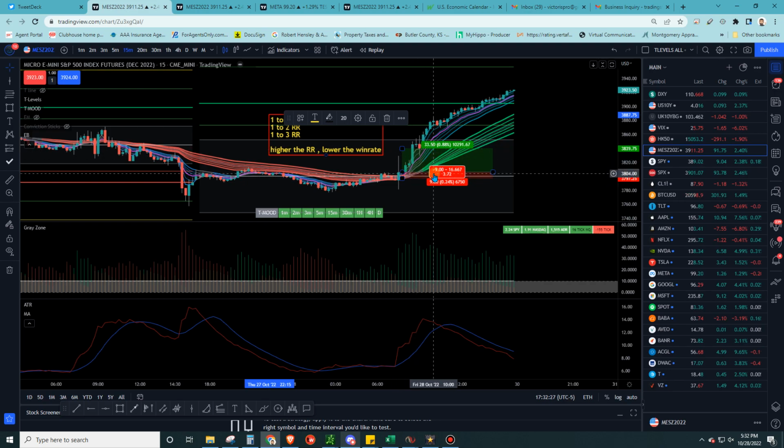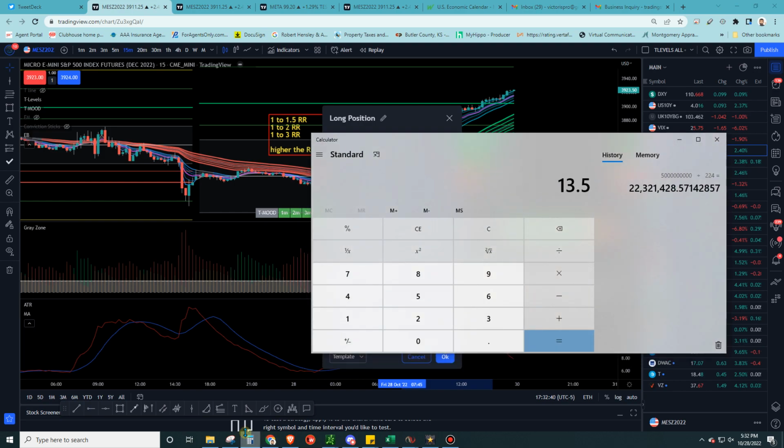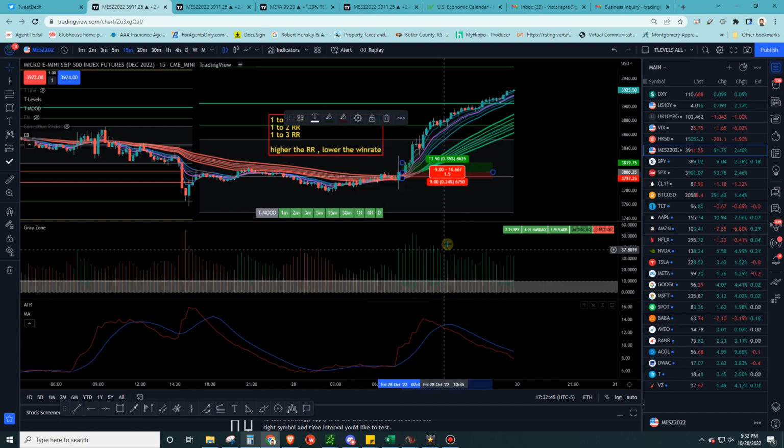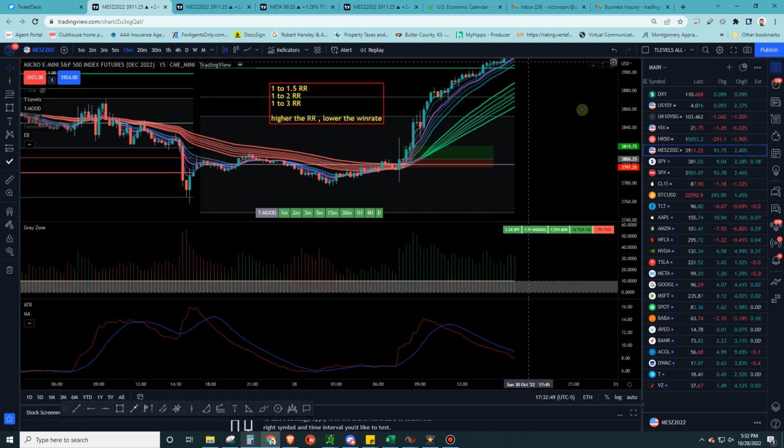It's going to be a lot harder on average to hit 27 points than it is to hit 13.5 points, which is 54 ticks. Your win rate's going to go way up. Yeah, you missed this entire move here.